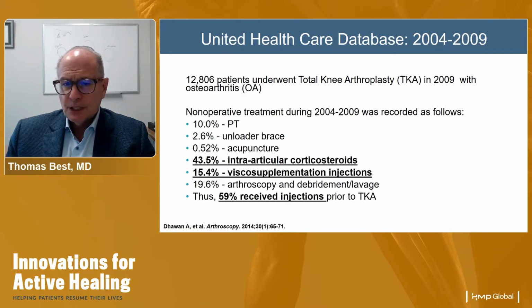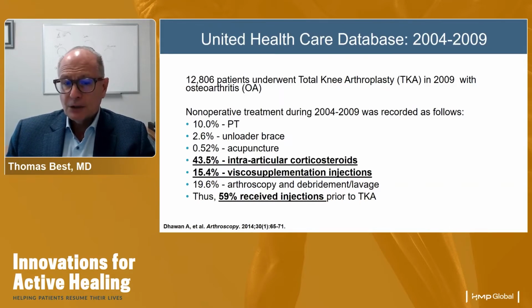And as you can see here, 10% of patients received physical therapy, approximately 3% an unloader brace, typically a medial unloader brace, roughly 0.5% received acupuncture, roughly 60% of patients received either intra-articular corticosteroid injections or viscosupplementation hyaluronic acid injections.